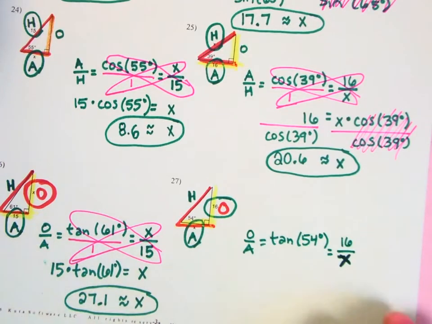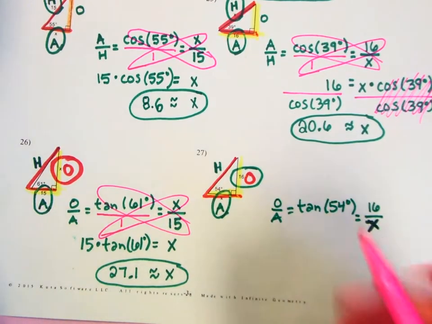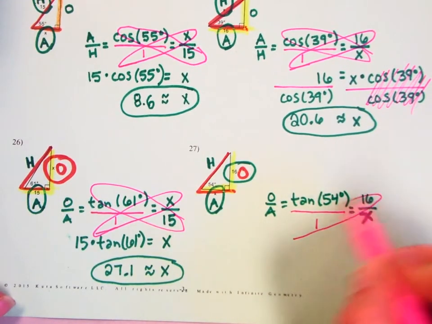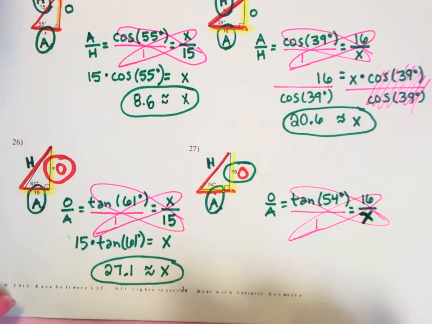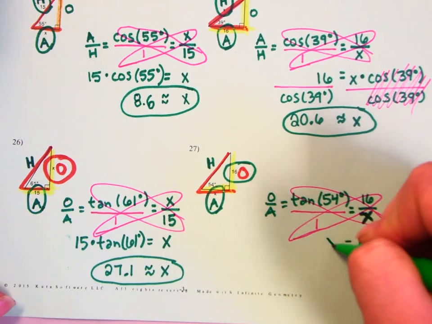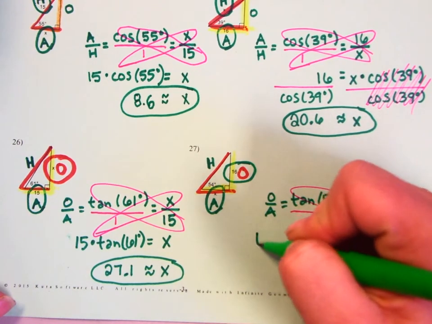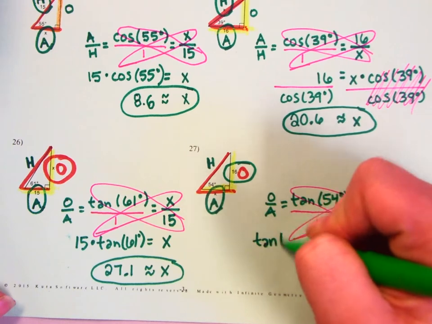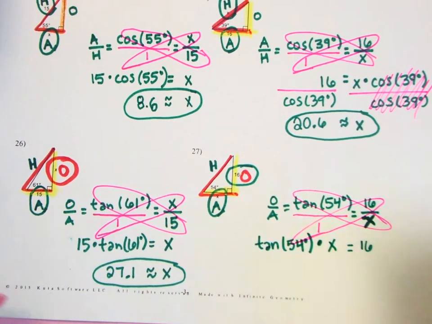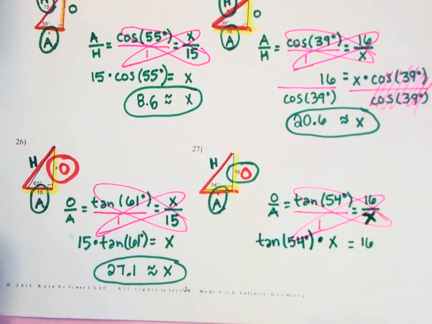We know to set up a proportion. So when I cross multiply, I get 1 times 16 is 16, which is equal to x times the tangent of 54 degrees. I don't have x by itself yet. X is being multiplied by the tangent of 54 degrees.